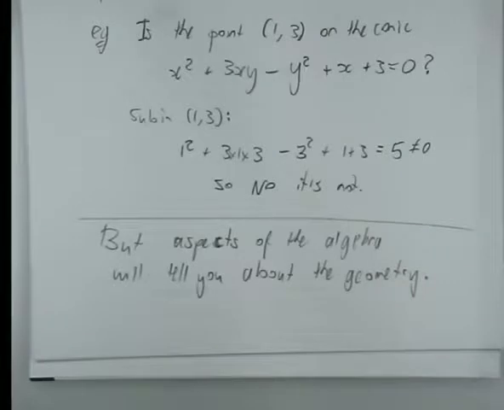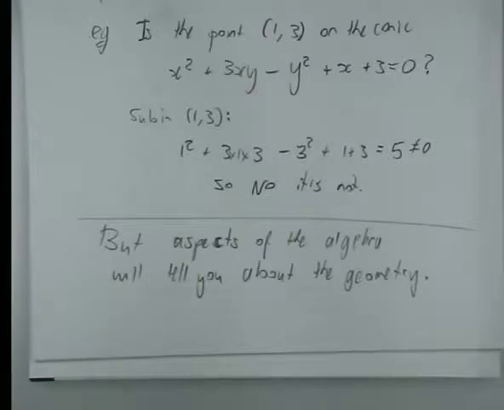So just like way back in school, when you see y equals mx plus c, fundamentally all that is for saying, well, if I have a point, I want to know if it's on the line, I can sub it in, and if it works, it's on the line, and if it doesn't work, it's not on the line. But I also know that if I look at that equation written that way, the c is where it crosses the y-axis and the m is the slope. So aspects of the equation tell you about the object that the equation defines.